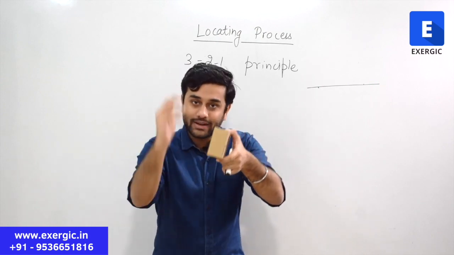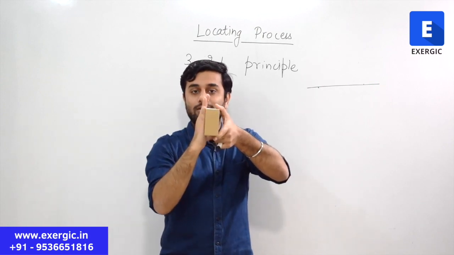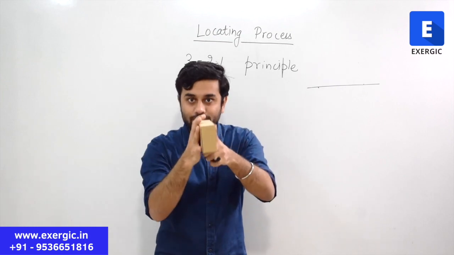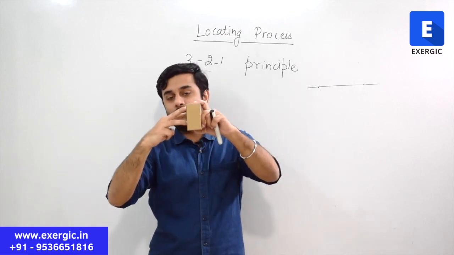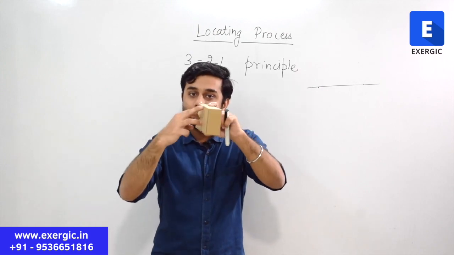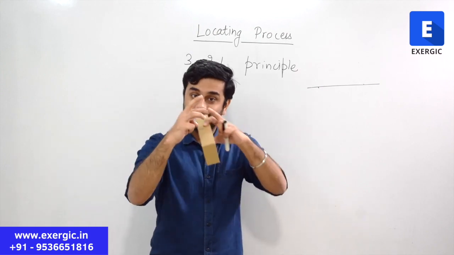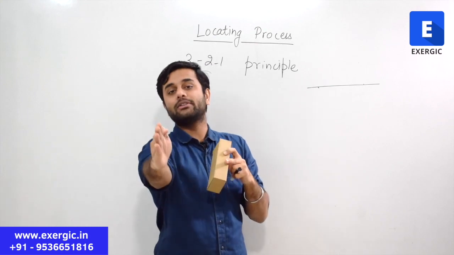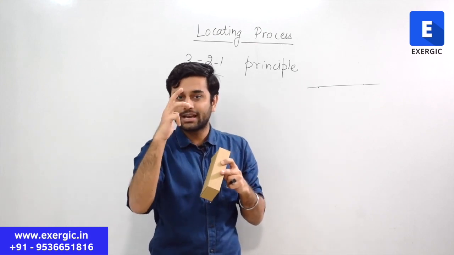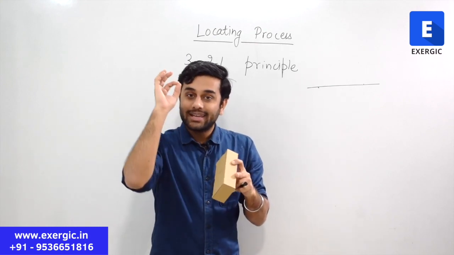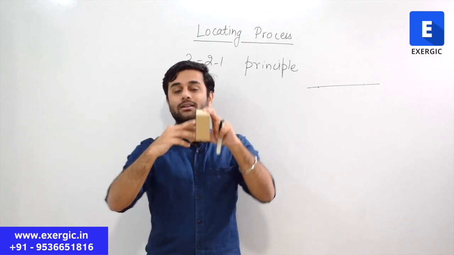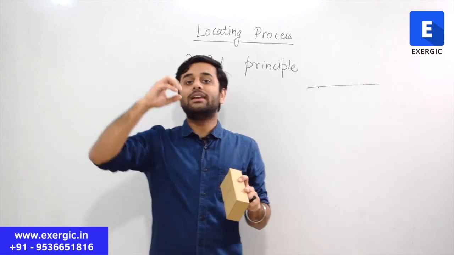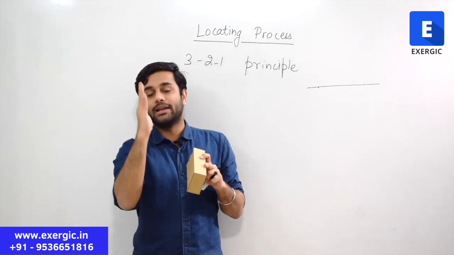Even if this vertical plane is exactly defined using the 3 pins, or even if there is some misalignment, because these 3 points cannot be perfectly vertical, the fourth point will never lie in that plane.